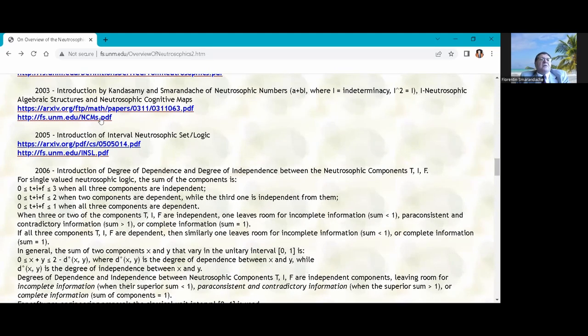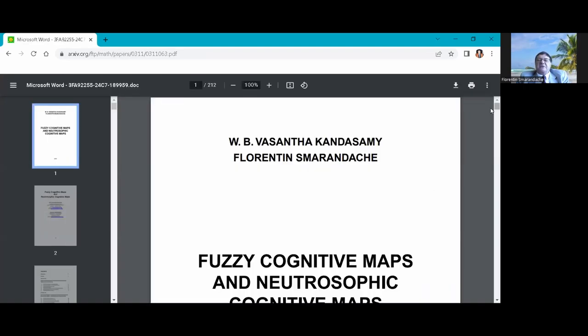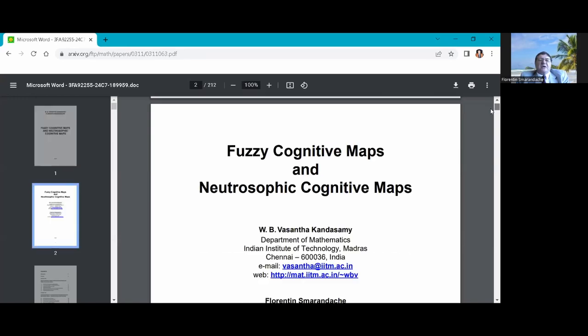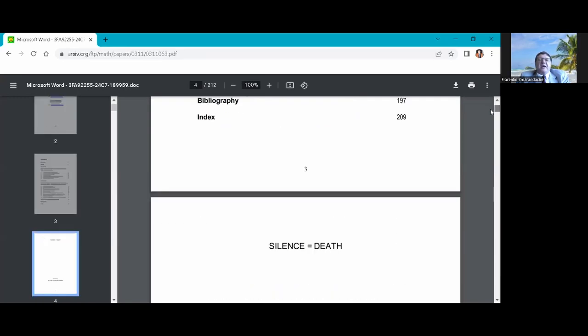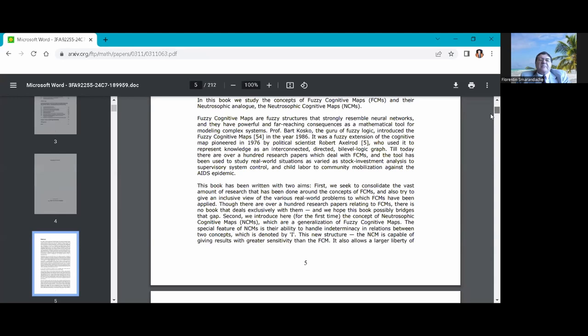We have also the Neutrosophic numbers that were used in order to deal with Neutrosophic algebraic structures and fuzzy cognitive maps and Neutrosophic cognitive maps, together with Dr. Vasanta Kandasamy from India.